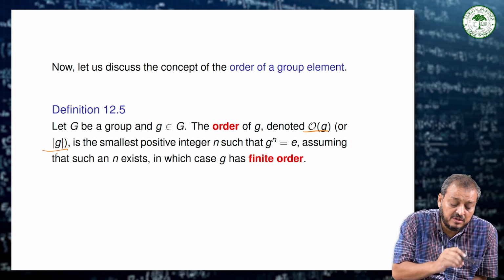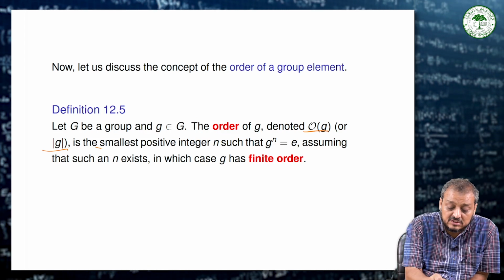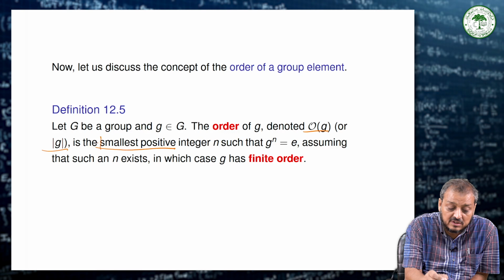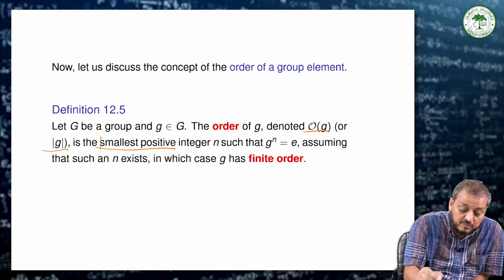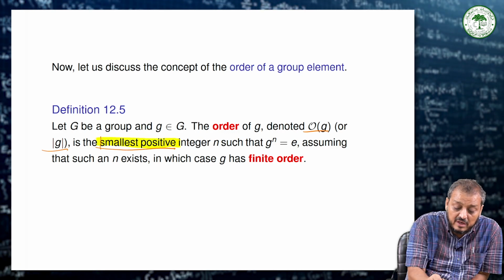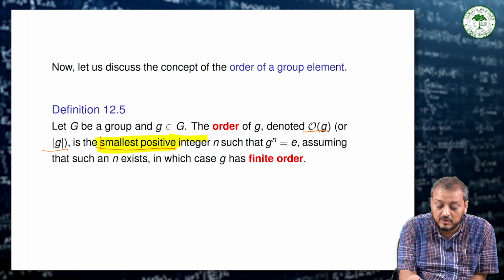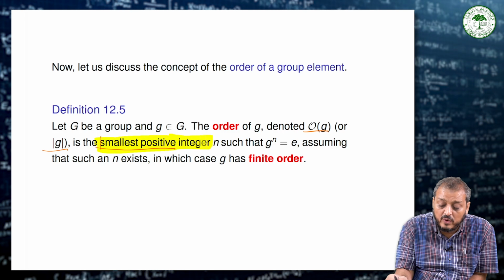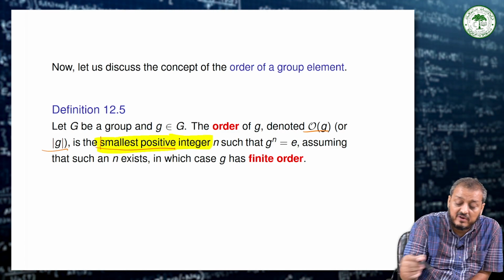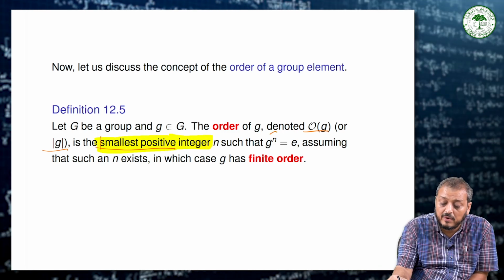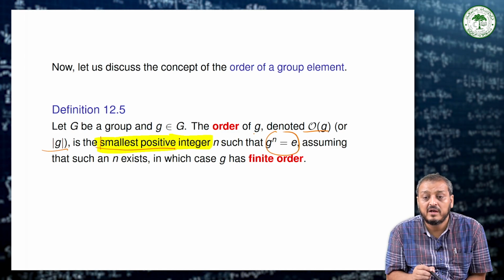|g|, is the smallest positive integer n such that g to the power n is equal to the identity element.